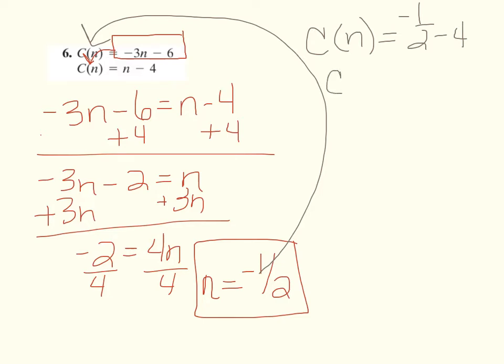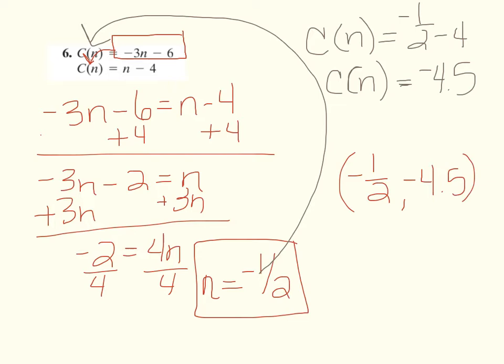That means c of n equals negative 4.5. So the answers to this system, negative 1/2, negative 4.5.